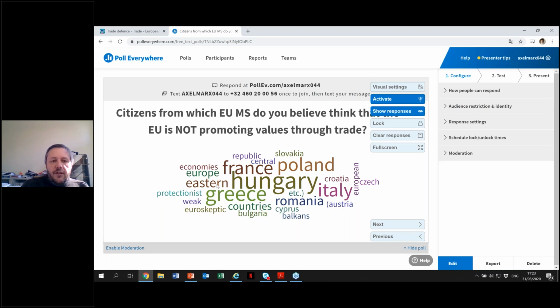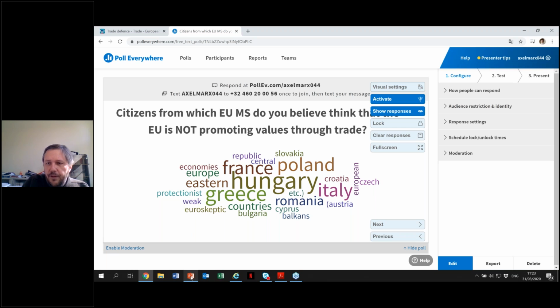Somebody writes Eurosceptic countries, and the ones which are more protectionist, but the overall outcome is more related to Hungary, Greece, Italy, France, and then to a lesser degree Romania, Croatia, Slovakia, and so on.